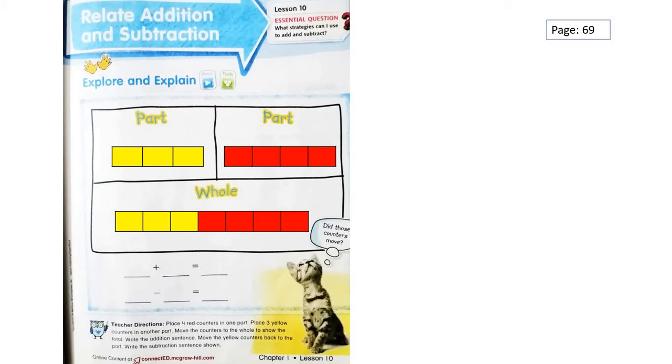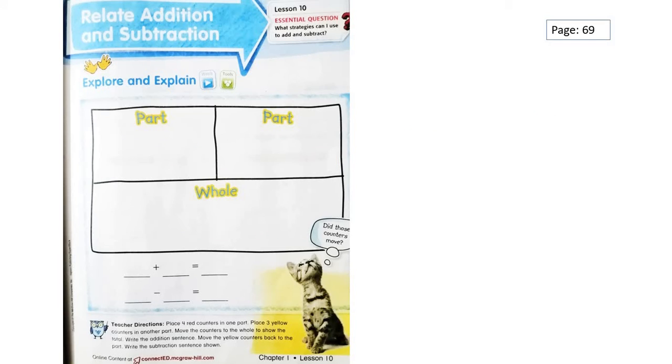Excellent. Can you write the addition sentence now in your notebook? It should be like this. 3, this is the first part, plus 4, this is the second part, equals 7, this is the whole, okay?